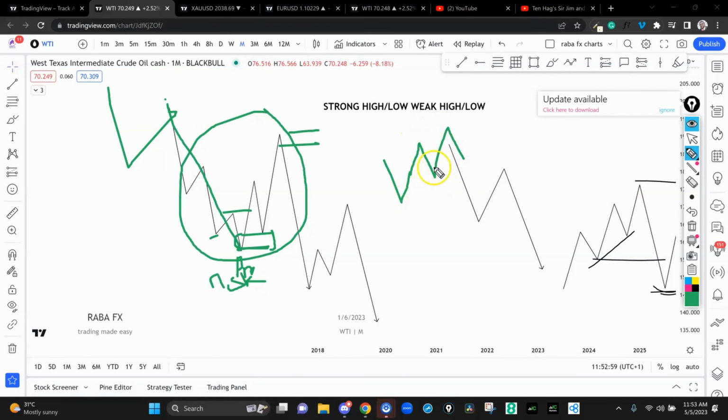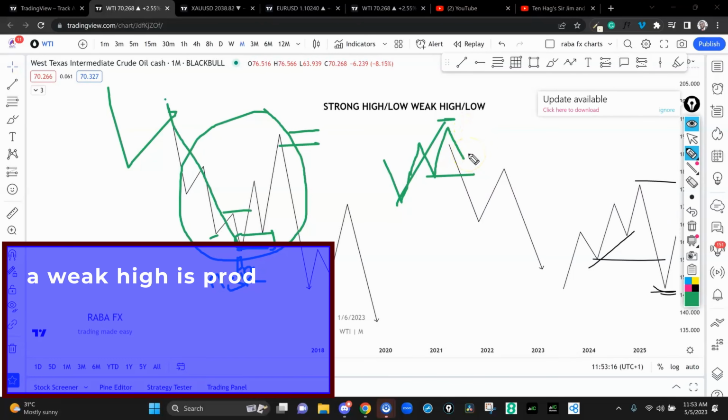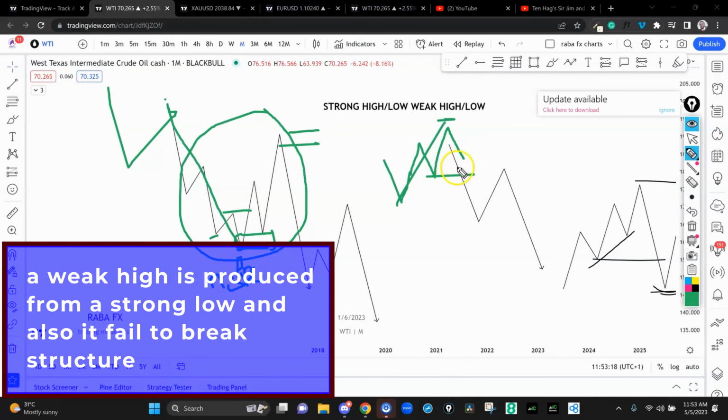For example, we have a structure going up. This is a high. It fails to break the structure and it was produced from this strong low here. Two things for a weak high: it comes from a strong low and it also failed to break structure.